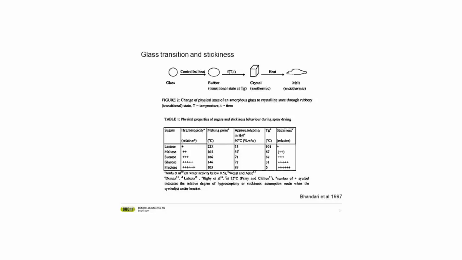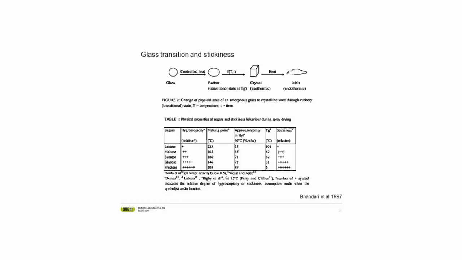As you can see on table 1, something like glucose or fructose has a glass transition temperature of 5 degrees and 31 degrees. That means at a 31 degree outlet temperature, your glucose will turn into a sticky rubber and will stick to your cyclone. When you see a rubbery blob on your cyclone, then you need to have a look at your outlet.